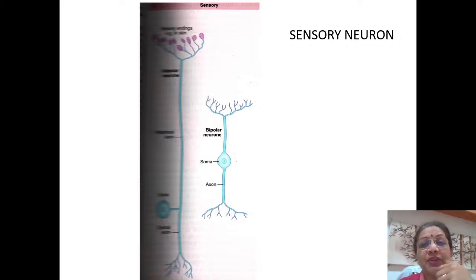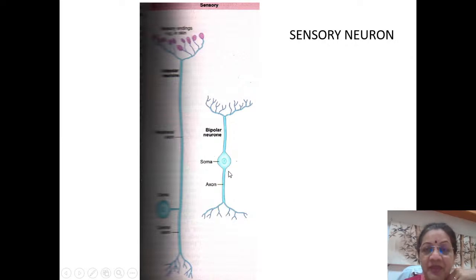But the bipolar neuron is a very common kind of sensory neuron, where the incoming tree will be much richer, bringing in the information, but its connection to the main cell body will be singular, and its efferent connection to the next cell to which it is passing the information will also be singular.